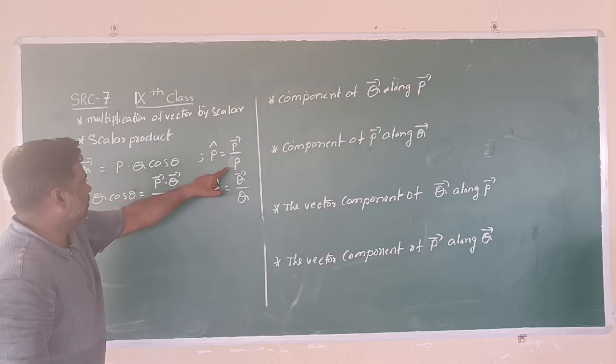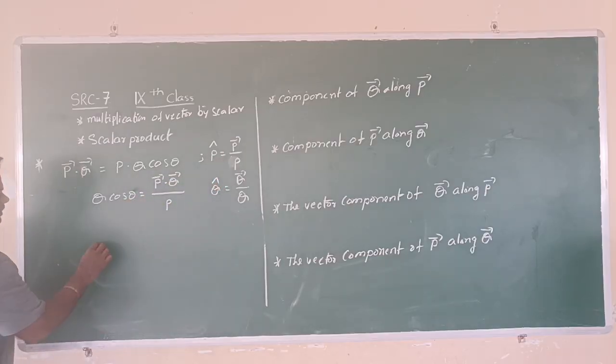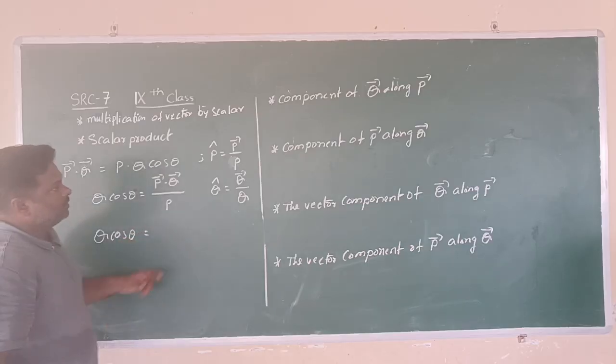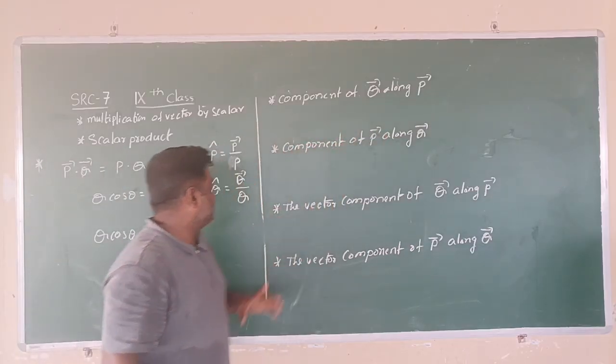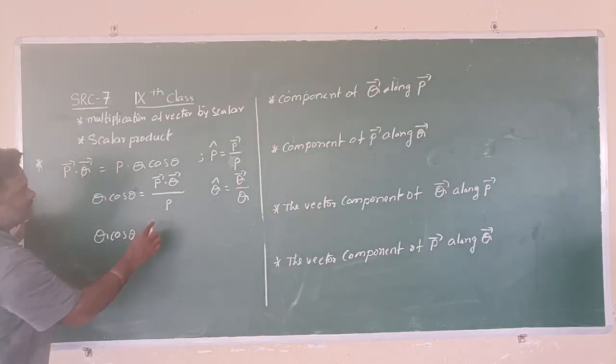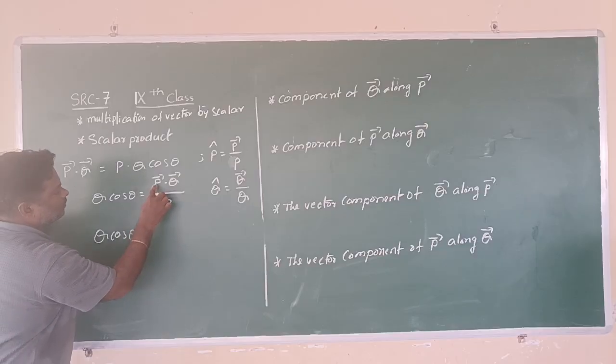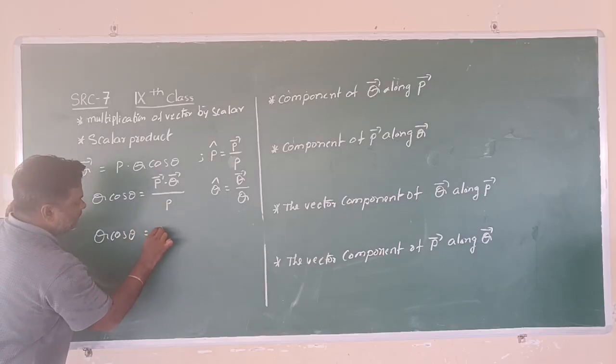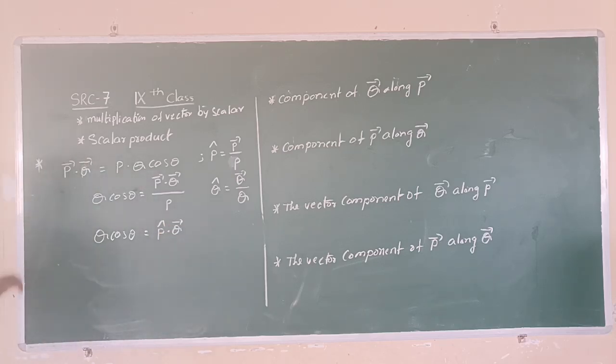Instead of writing P bar by P, you can write P cap. So Q cos theta, component of Q along the P bar, is equal to P bar by P, means P cap dot Q bar. Okay.